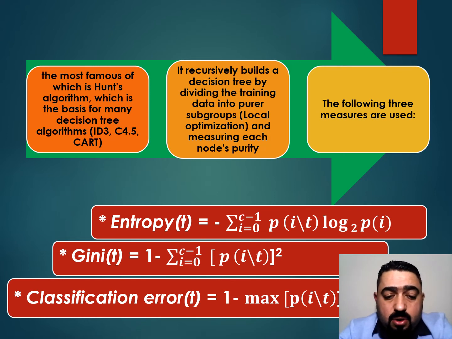Classification error of T equals 1 minus the max of P of i given T.